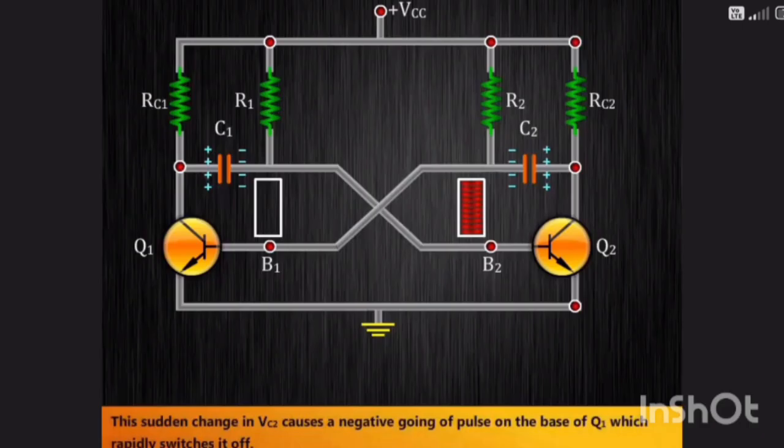Why are they connected to the base? The base is the most sensitive part of the transistor, and we can also ask why it is not connected to the collector or the emitter.